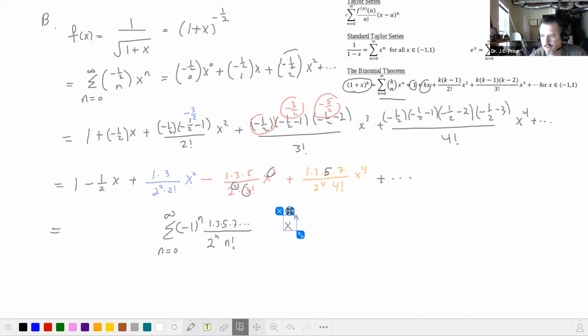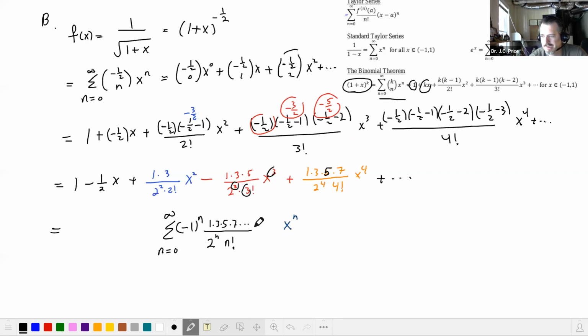So I'll put a question mark here. So I got to figure out what I'm going up to, because I see the ending number, you know, like when it's 2, it's 3, when it's 3, it's 5, when it's 4, it's 7. So I got to figure out how that works.